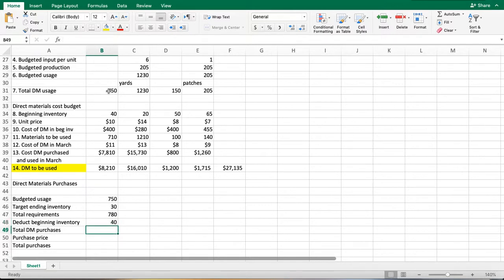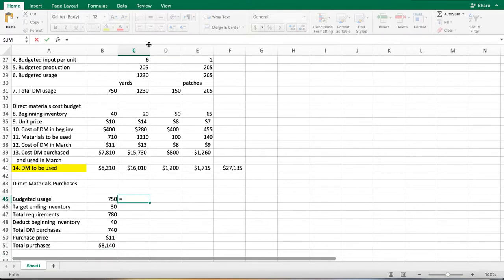And so if we need 780 and we already have 40, then we just need to purchase 740. And we purchase it at the current price of $11 per yard. And so our total purchases for direct materials would be 8,140. And so the rest of this information is given to you in the problem.